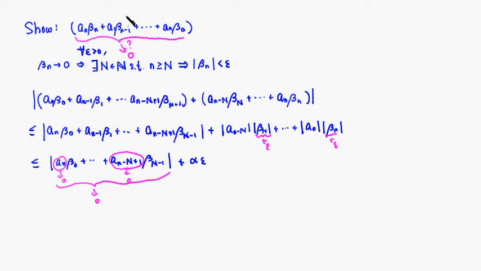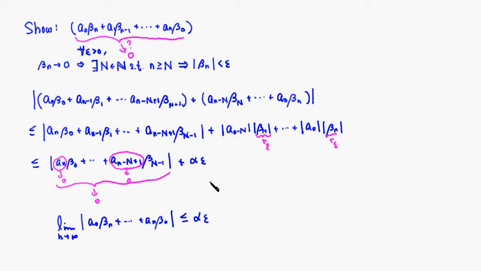So if you look at the limit of the absolute value of this sum, a0 beta n plus all the way to an beta 0, as n approaches infinity, it's going to be less than alpha times epsilon, since the other terms disappear.